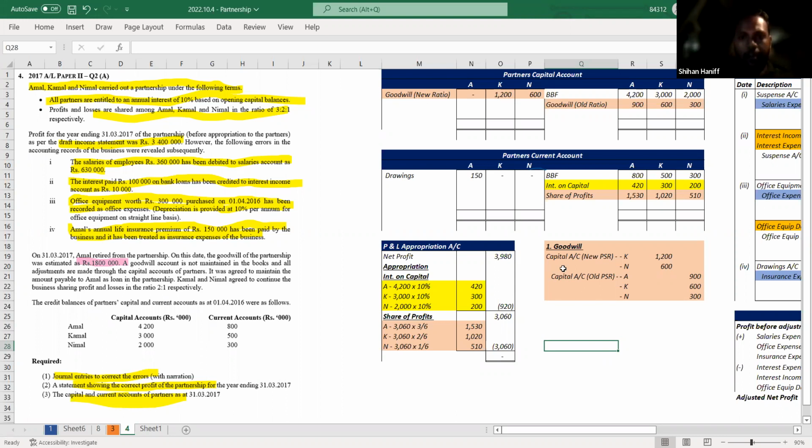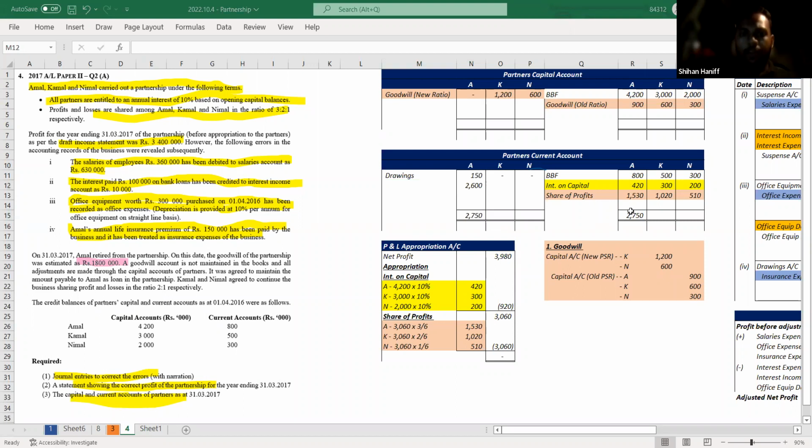Okay. Now the retirement part. Amal is retiring. So whatever is payable to Amal from the current account, we need to transfer to the capital account. Amal, credit side is more. The total of credit side is 2,750. Difference is 2,750 minus 150 is 1,600.